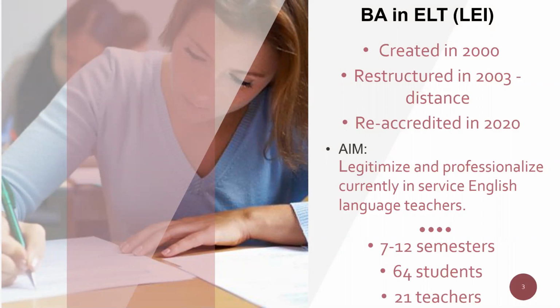The amount of terms of this program ranges between 7 to 12 semesters, depending on each student's decision. At the moment, we have 64 students and we are 21 teachers.